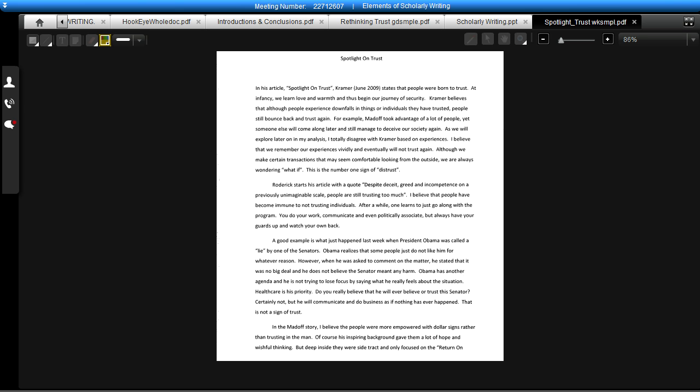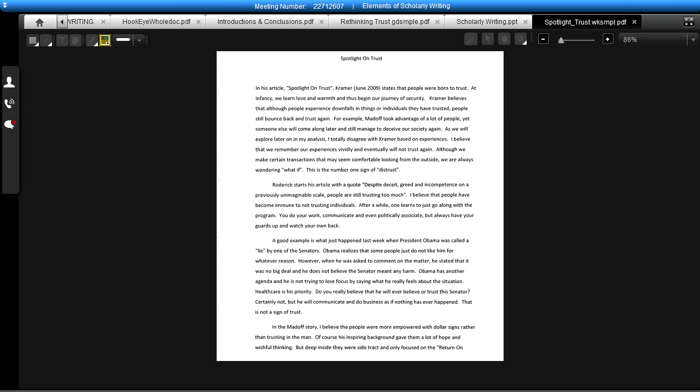Yeah, I think so. Spotlight on Trust. In his article, Spotlight on Trust, Kramer, June 2009, states that people were born to trust. At infancy, we learn love and warmth and thus begin our journey of security. Kramer believes that although people experience downfalls in things or individuals they have trusted, people still bounce back and trust again. For example, Madoff took advantage of a lot of people, yet someone else will come along later and still manage to deceive our society again.